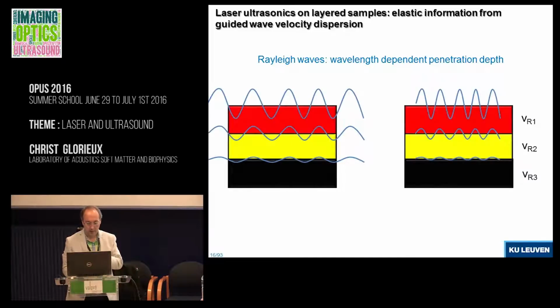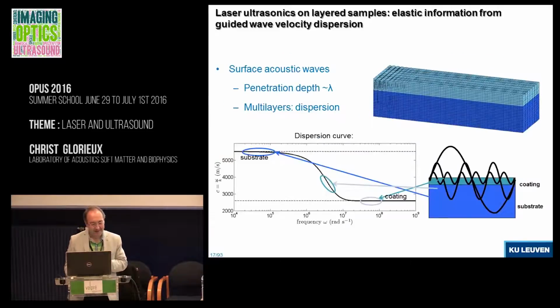We use this in our lab mainly to measure coating-substrate samples, to characterize coatings or substrates. Typically it's a very thin coating which we want to characterize. You can also do it in multi-layer samples, as you can see.